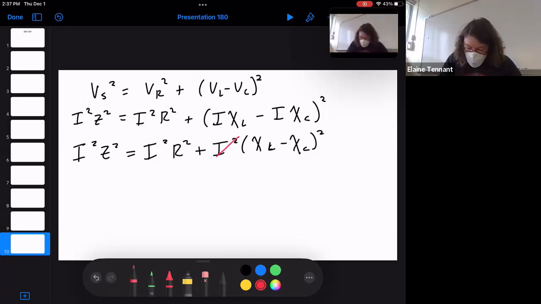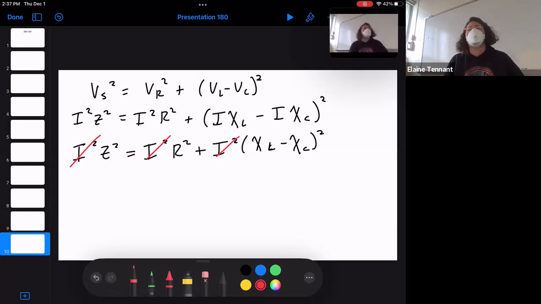Excellent. Let me ask you a trick question. Were those I's maximum values or RMS values? It was a trick question. Because I'm really hoping everyone's going to tell me it doesn't really matter.